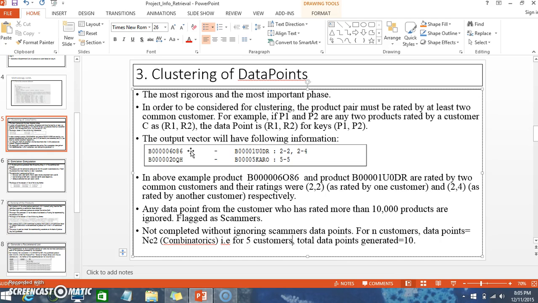The output vector as generated from the clustering phase will have the following information as shown in the screenshot. In this example, products B006086 and B001UODR are rated by 2 common customers, and their ratings were 22 as rated by one customer and 24 as rated by another customer respectively.